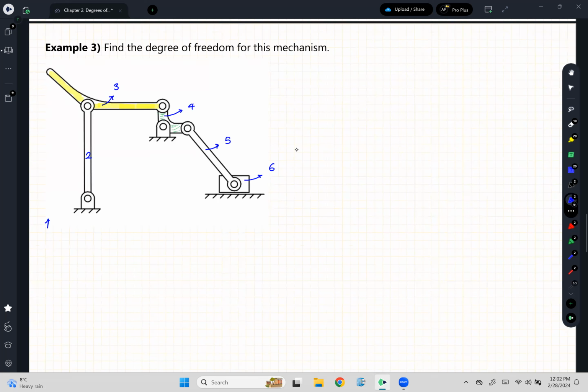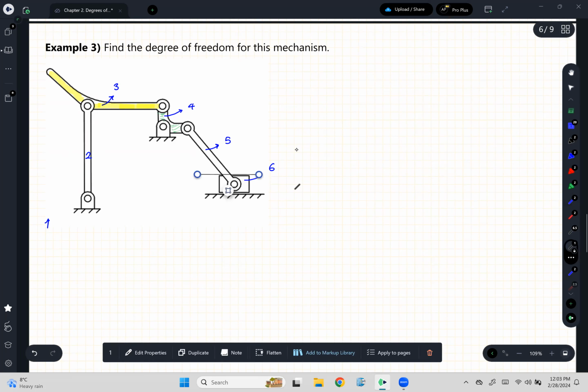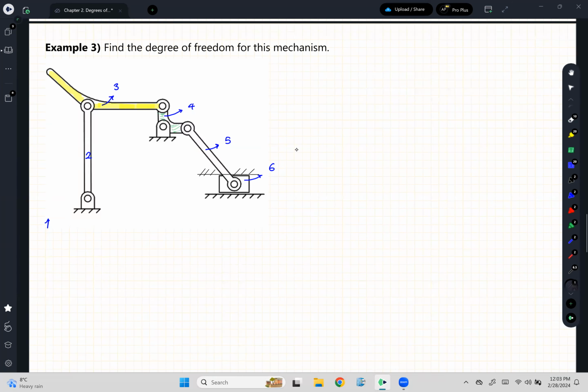Remember from lecture 1, I told you out of laziness we don't draw this upper portion, but it doesn't mean it's not there. It is there. We just don't show it. Let's just draw it there. Okay, so I have 6 members.